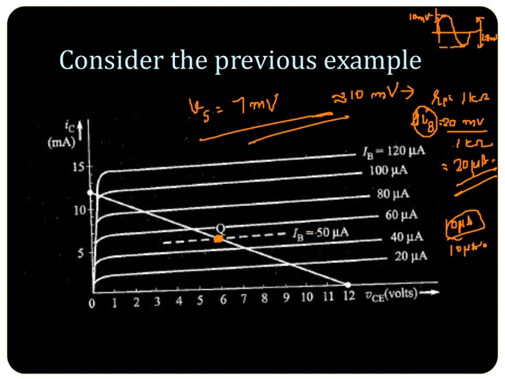So IB is going to vary between 60 microampere and 40 microampere. If so, what is going to happen here? The Q point will move between this point and this point. This is the Q point for 60 microampere, and this is the Q point for 40 microampere. So that is shown here.